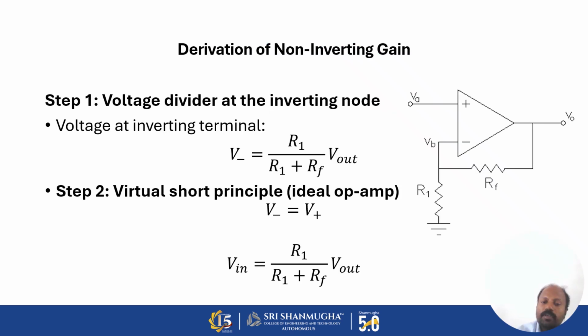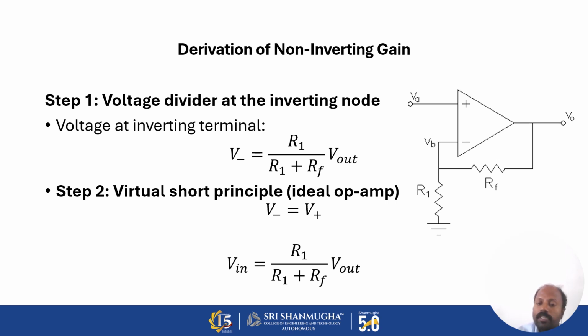Next we will discuss the derivation of the non-inverting amplifier. First, the voltage divider at the inverting node. At the inverting node, the second pin, minus, we substitute a voltage divider. As per the voltage divider theorem, the equation is the ground resistance divided by the sum of the resistances, multiplied by the supply voltage.